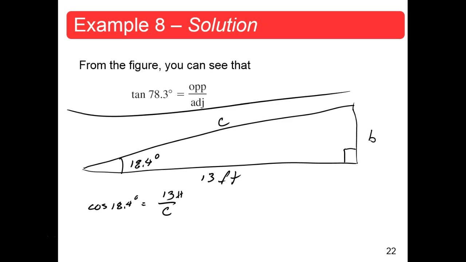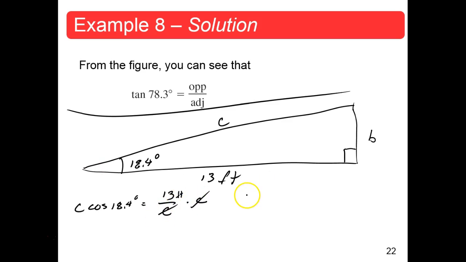Well, number one, I don't like C in the denominator. I really don't care for denominators that much anyway, but I sure don't want my unknown down there. So how could I get it out? Multiply both sides of the equation by C. Right? And that gets you out of the denominator. Okay?